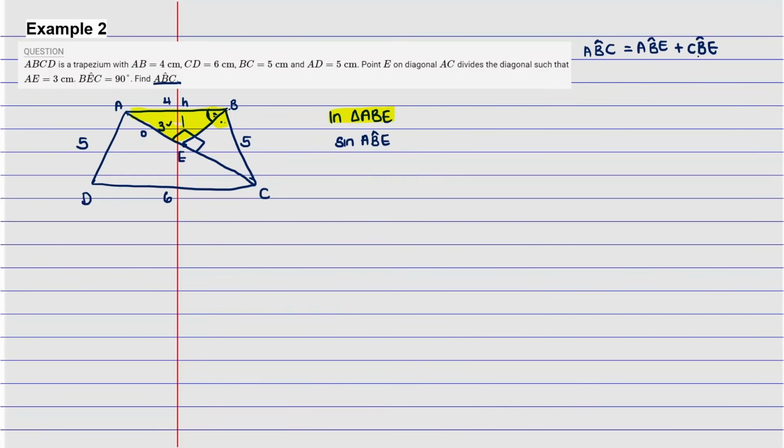So now the first thing that we're doing is that we're looking for this one, right? So we know the fact that sine of ABE is basically equal to opposite over hypotenuse, which is going to be 3 divided by 4, right? So ABE is equal to sine inverse of 3 over 4.